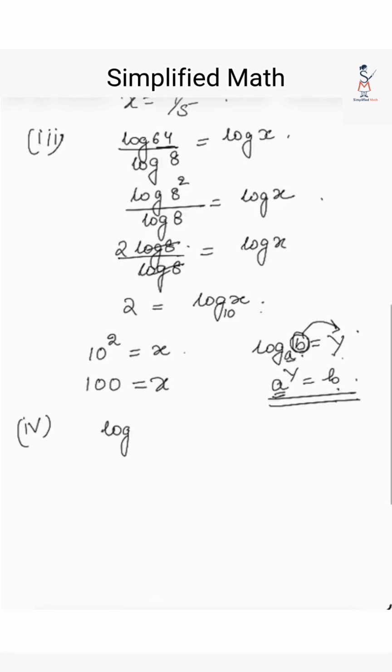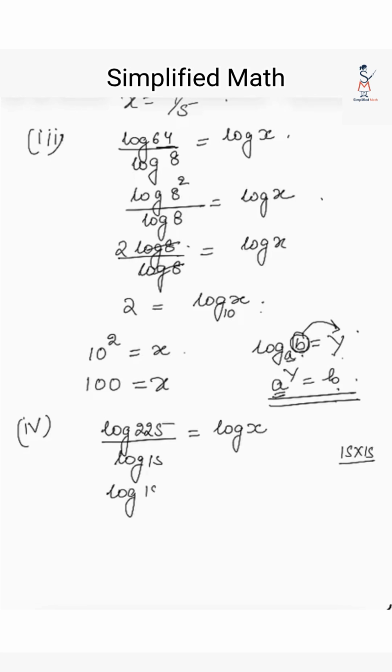Log 225 by log 15 is equal to log x. Again, no need to factorize it. We know 15 into 15 is 225. So this can be written as log 15 squared by log 15 is equal to log x. We know log a raised to the power n is n log a.